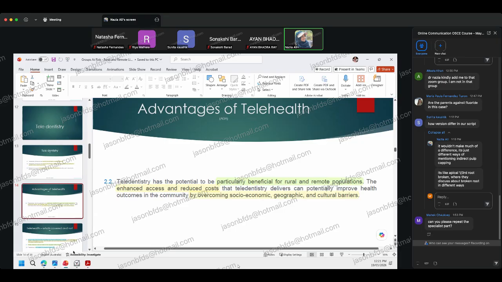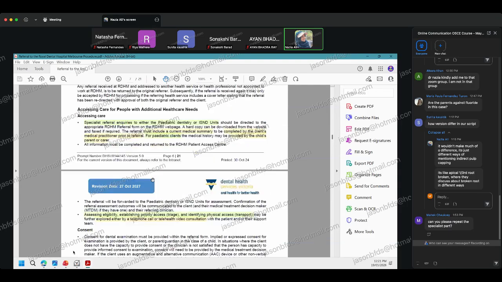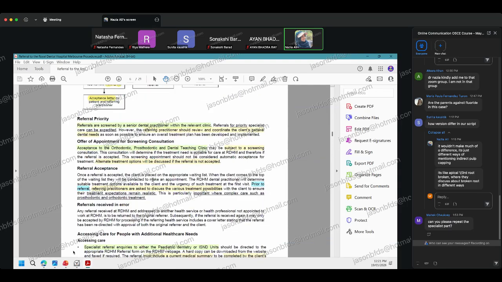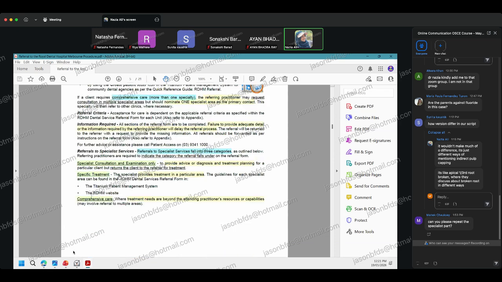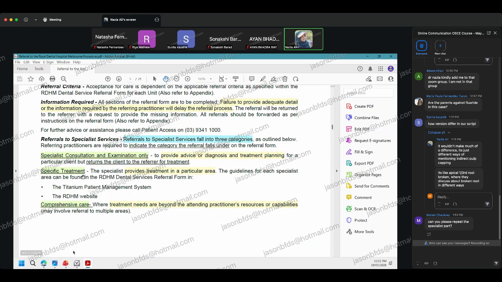Now, in that situation, can you treat this patient? No, I can't. Not only is it stage 4 grade C, and I'm going to go back to this article here, there are 3 categories of referral. If this patient was living in a city, I would refer them for certain teeth, specific treatment, because the patient can come to me frequently.